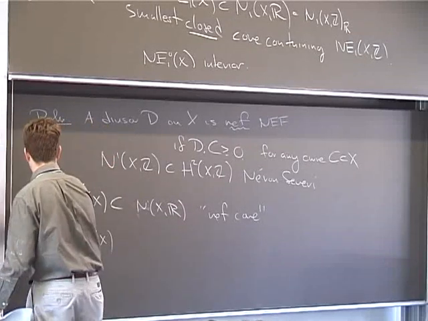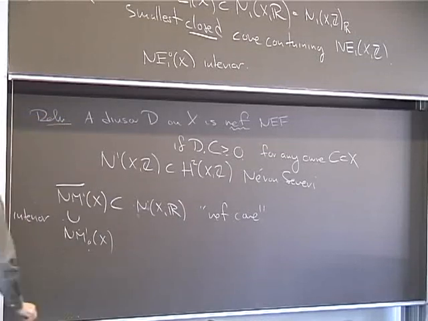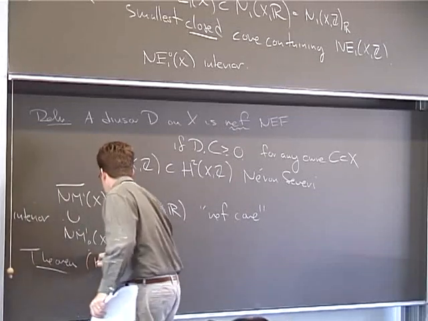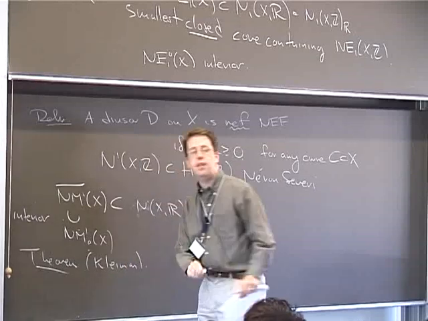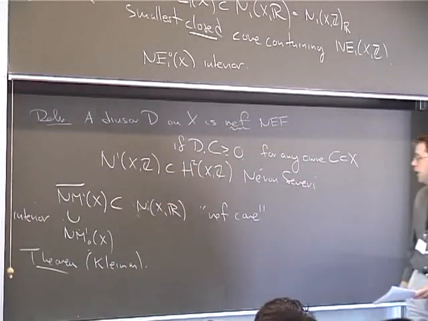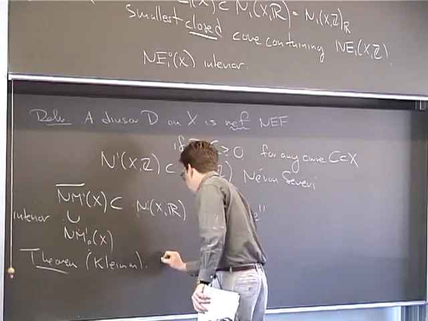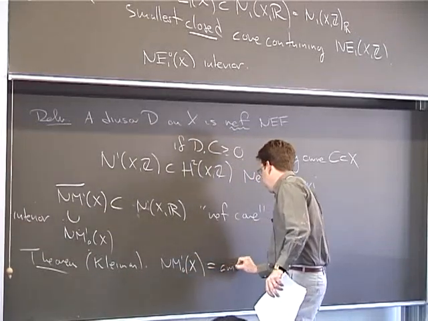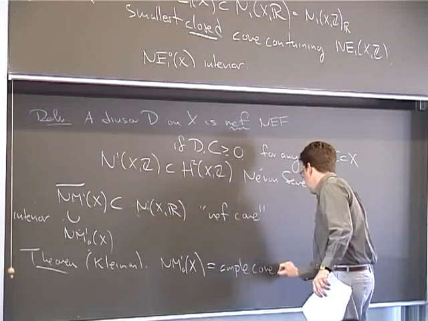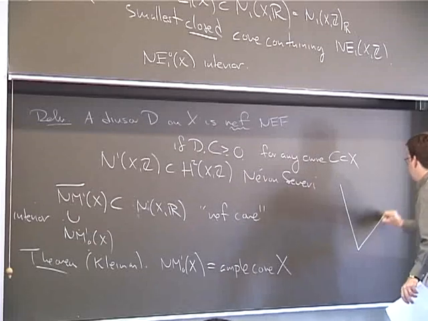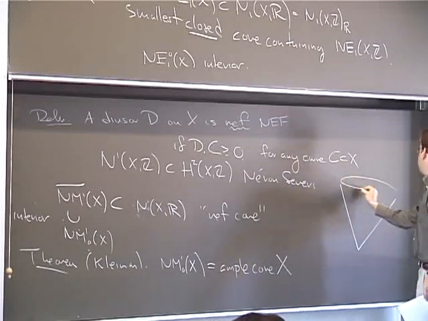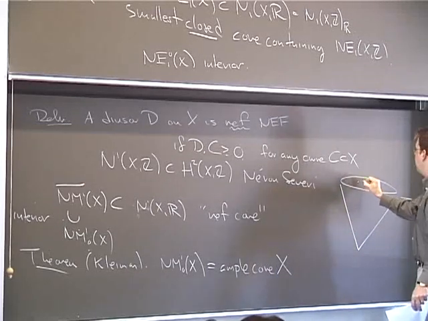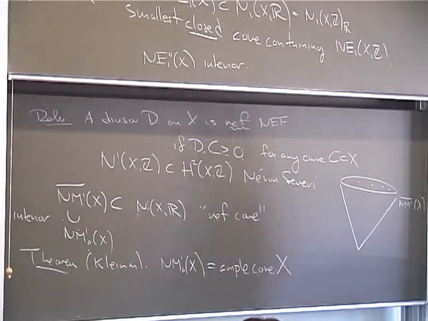An important theorem due to Kleiman, which I'm not going to prove, is that in fact the interior of the NEF cone is just the ample cone of X. So the picture you should have is that if I have the NEF cone, any lattice points inside that will be ample divisors.